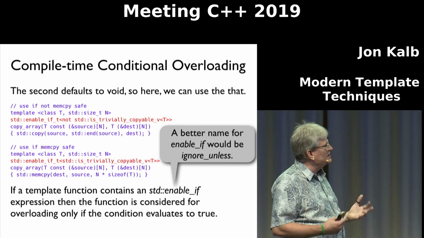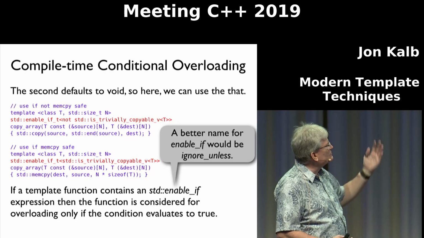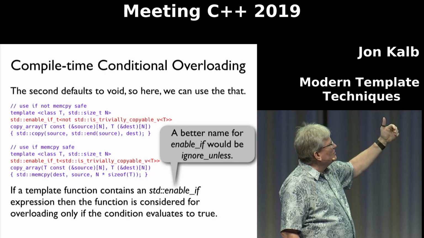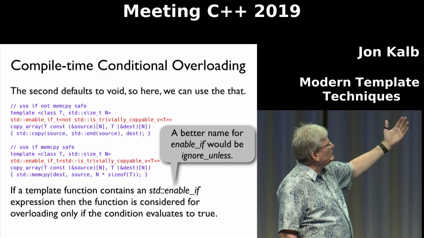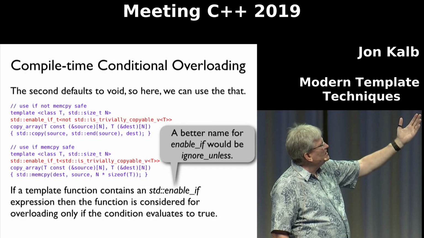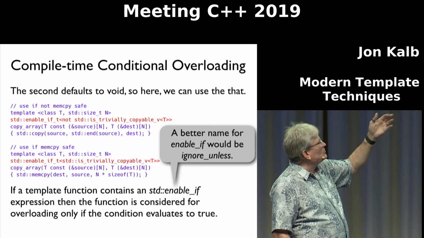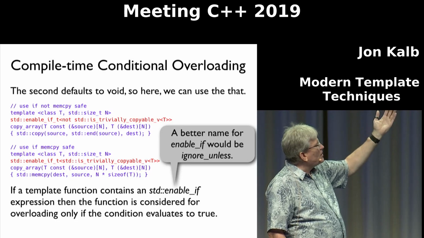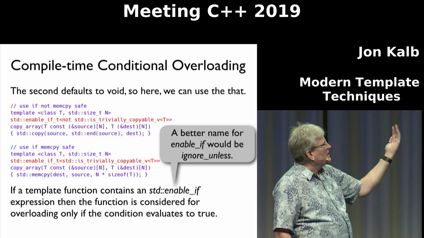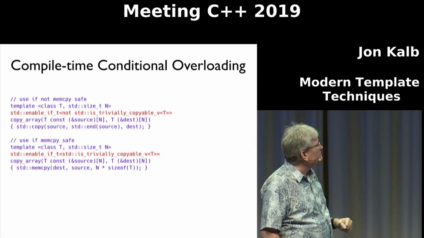You could think of enable this as ignore unless, because that's what's really happening here, is that we have created 2 overloads which the compiler wouldn't be able to pick from, except that in one case, if the item is not trivially copyable, that's going to be ignored unless it's not trivially copyable, and the other one will be ignored unless it is trivially copyable.